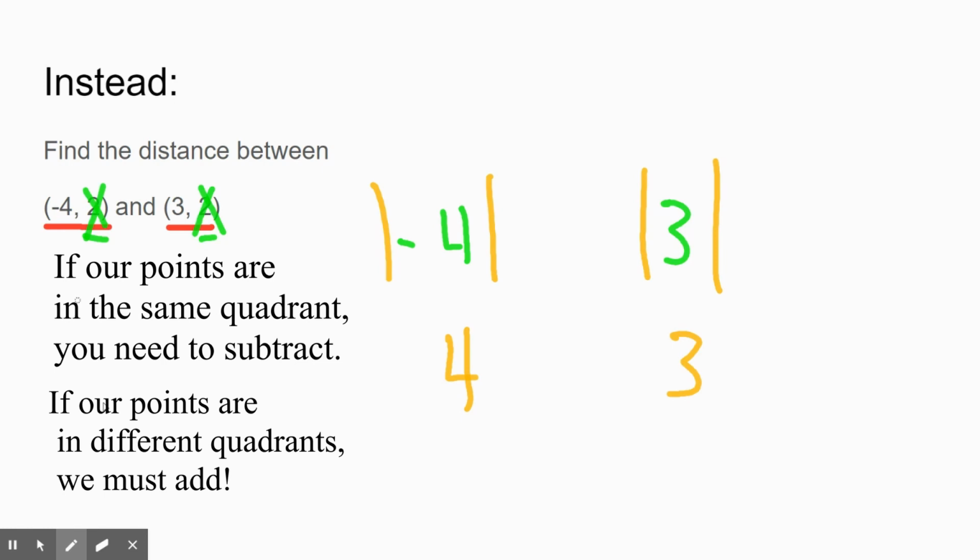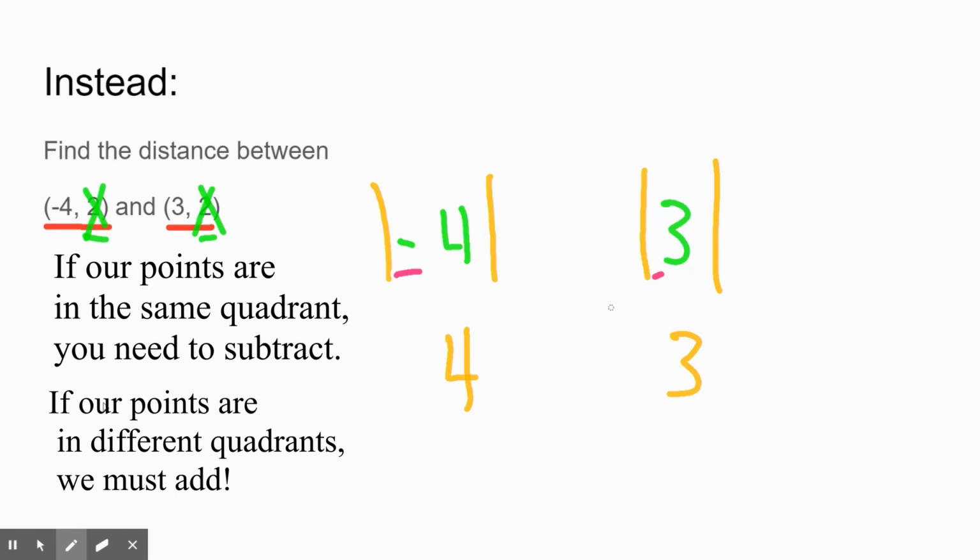In this case, since one of our x values is -4, and the other one is a +3, we can say very confidently that these are going to be in different quadrants.